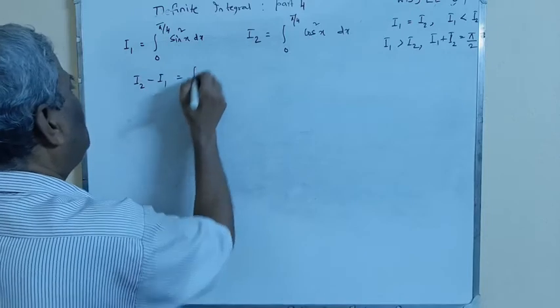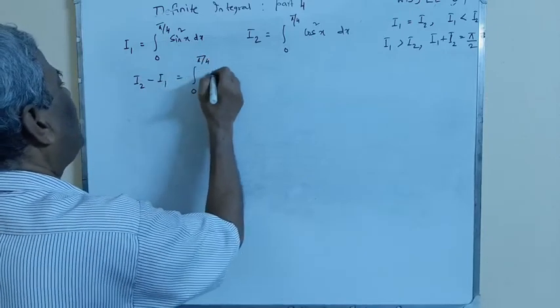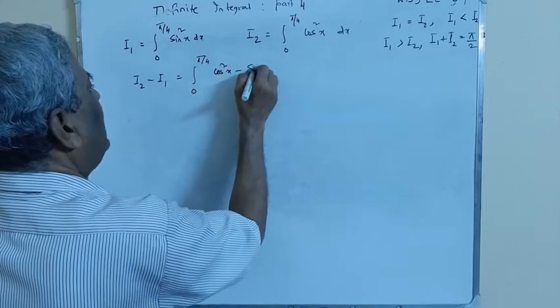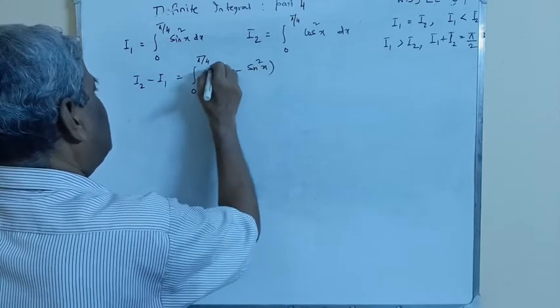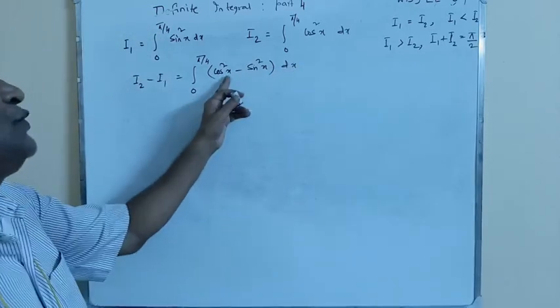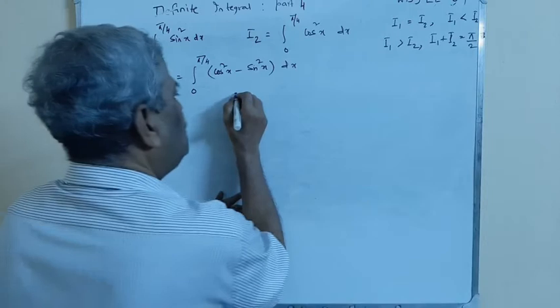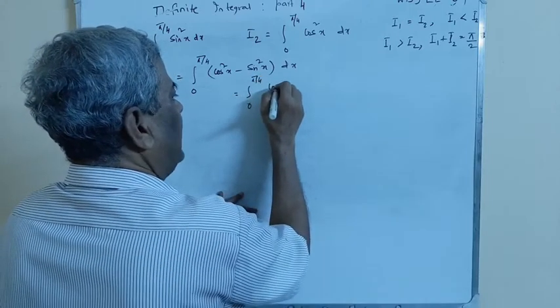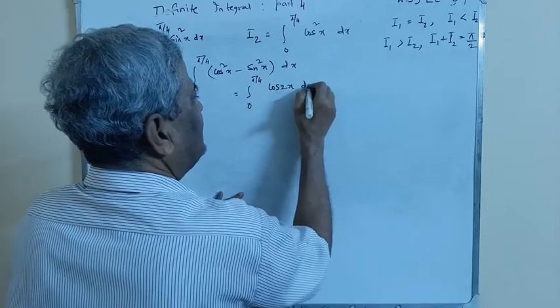So it is equal to the integral from 0 to pi by 4 of (cos square x minus sine square x) dx. This is cos 2x. So this is equal to the integral from 0 to pi by 4 of cos 2x dx.